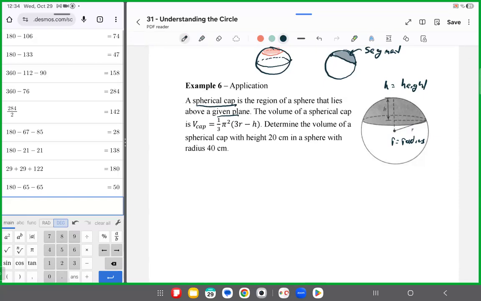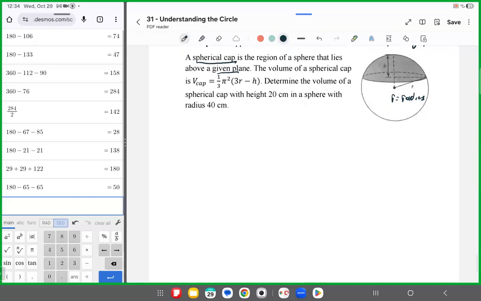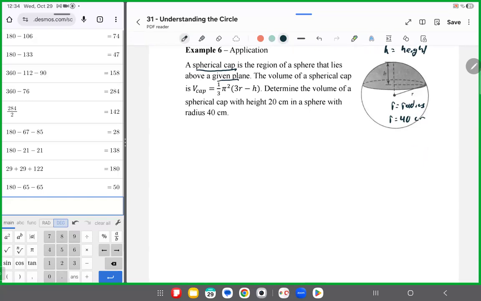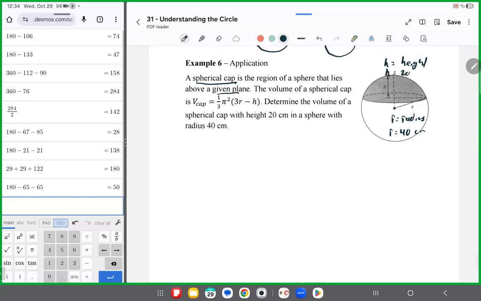We're determining the volume of a spherical cap with height 20 centimeters in a sphere of radius 40 centimeters. Important caveats: here we were told the radius is 40, so r is equal to 40 centimeters, and this height is going to be equal to 20 centimeters. So using the formula, the volume of a cap is equal to 1/3 pi squared times 3r minus h.